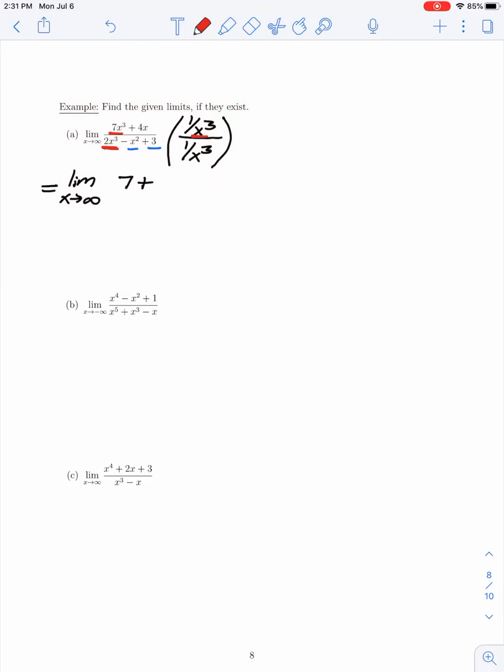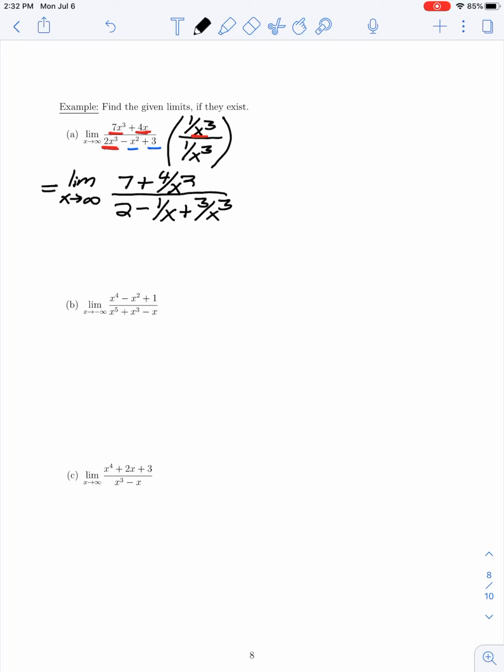And then plus we had a 4x divided by x cubed, which reduces to 4 over x squared. Then we're dividing by, in our denominator, we had 2x cubed divided by x cubed, which leaves us with 2. Then minus x squared over x cubed reduces to 1 over x, and then plus 3 divided by x cubed.